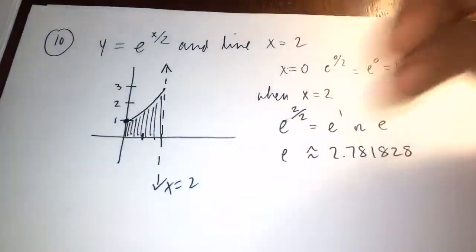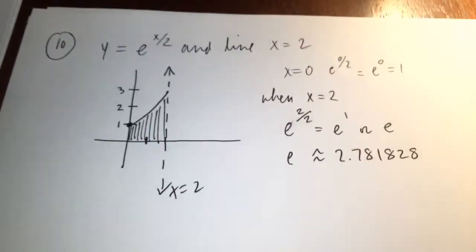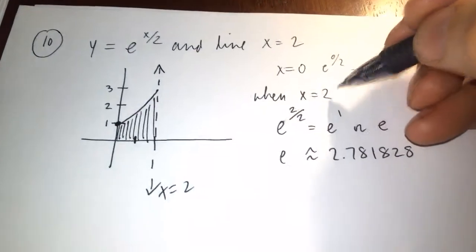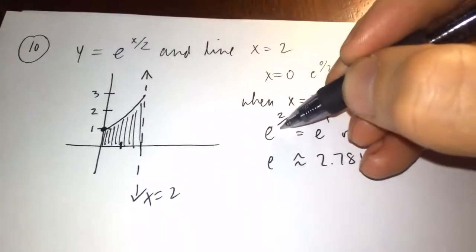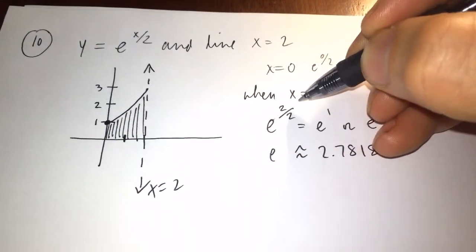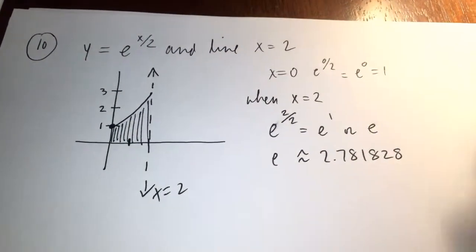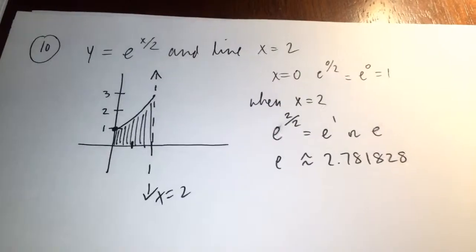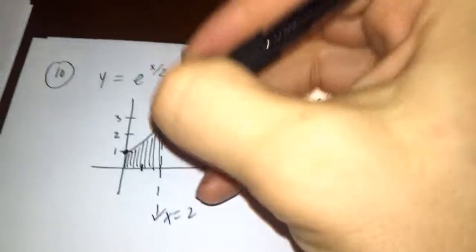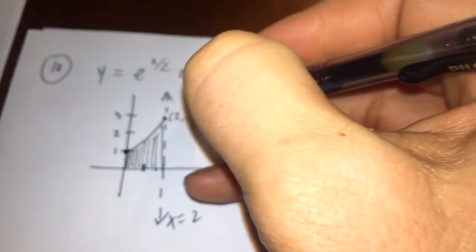I know e to the x is an exponential function, so e to the 0 is at 1. But when x equals 2, that basically means e to the 2 over 2, or e to the 1, or just e. So this point right here is basically 2e.